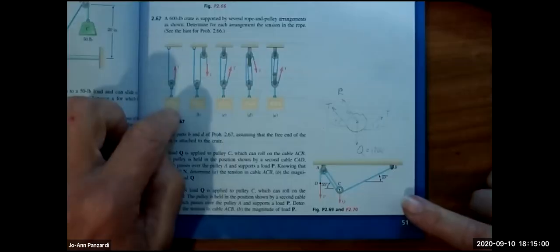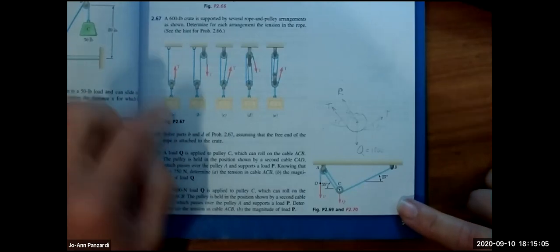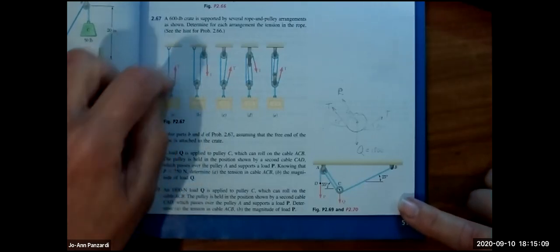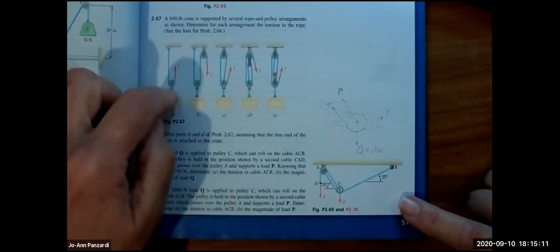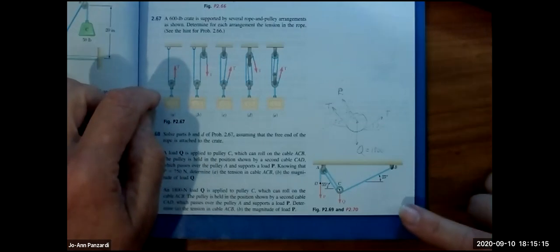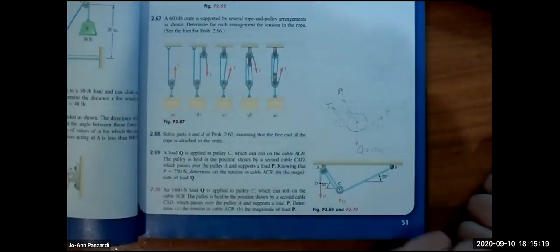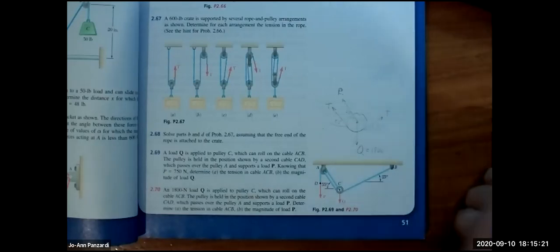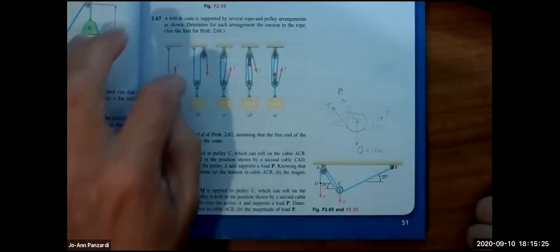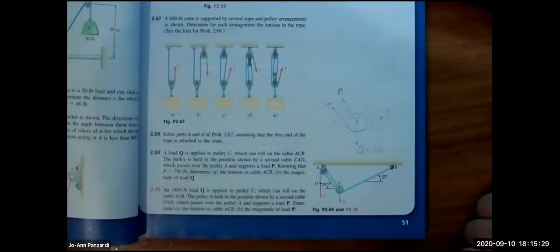So the weight here is going to be 2T. The reason why is if I did a free body diagram of the pulley, I have 2 T's going up and I have my weight coming down, and I sum the forces in the Y, and the weight is equal to 2T, which means, let's think of it the other way. If the weight is W, what value is T in terms of the weight in this case?